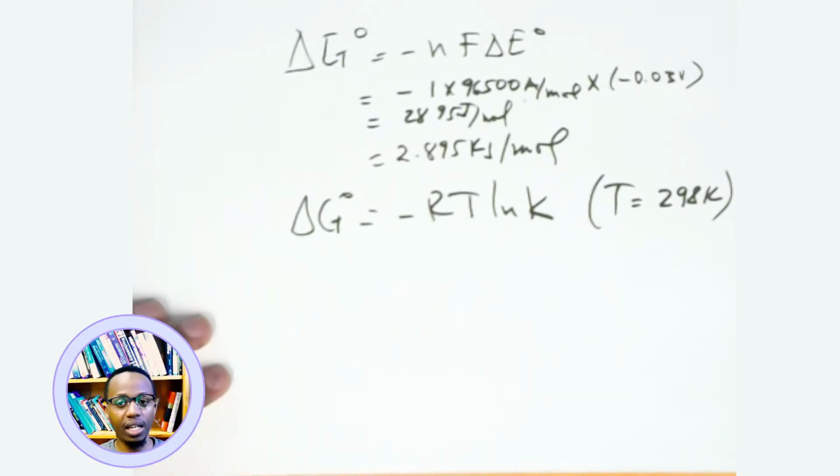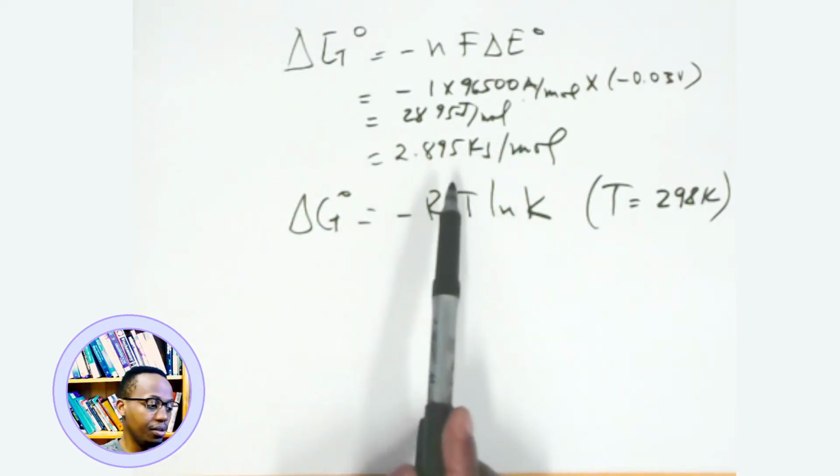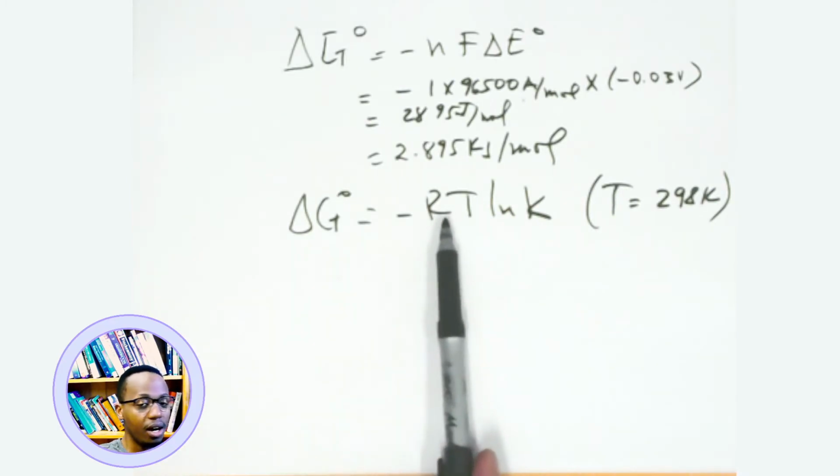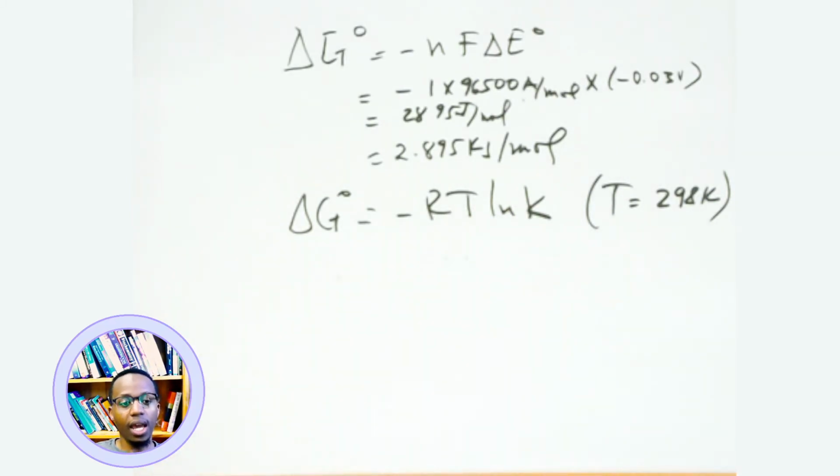This needs to be in Kelvin because we have R in Kelvin. Can you find K? Yes. Delta G is here, R we know, T we know. You just solve for K.